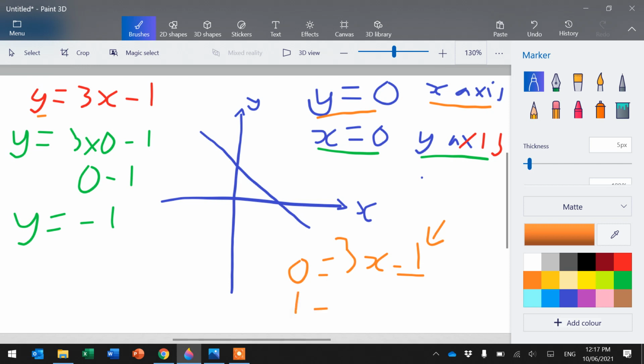So you end up getting 1 equals 3x, which is 3 multiplied by x. Then we do the opposite again: this is multiplied by 3, so we divide by 3. You end up getting 1 on 3 equals x. That's 1/3.